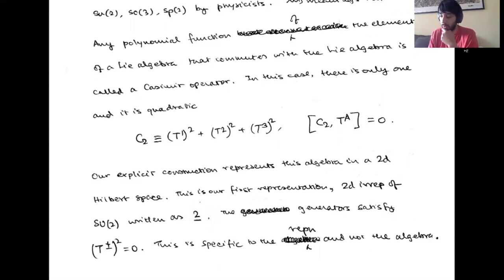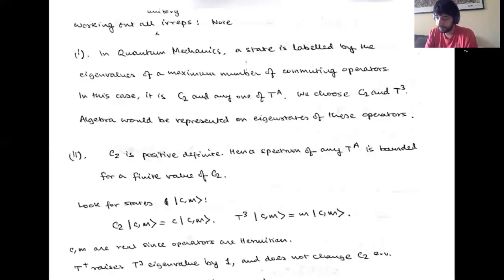We have also seen that these generators T plus or minus, if you square them, give you 0. This is not a property of the algebra as such; it is a property of this particular two-dimensional representation that we are looking at.